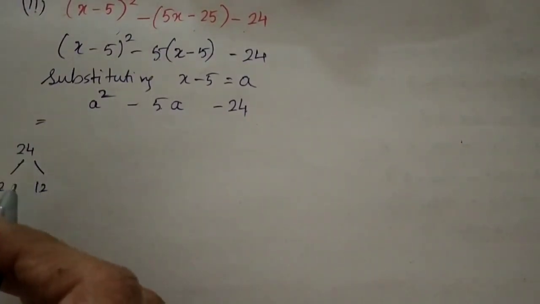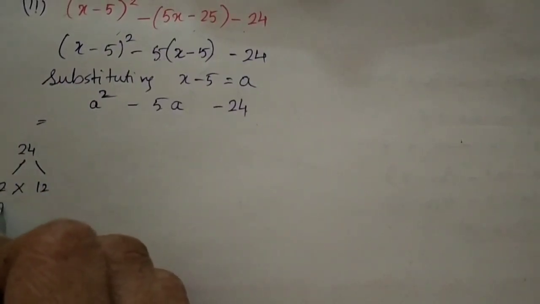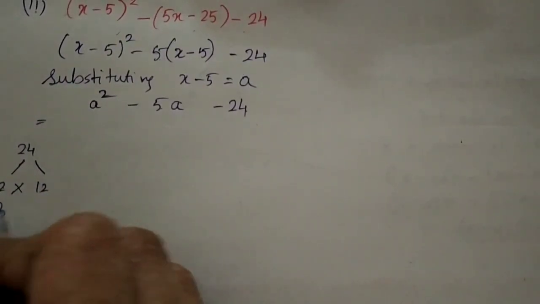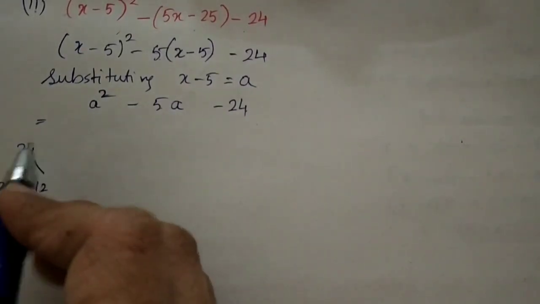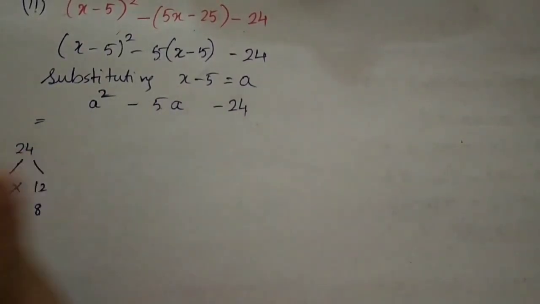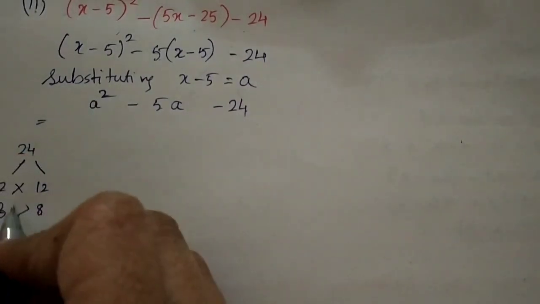So this is not the correct pair. Okay, then 3 8s are 24. Yes, now 3 into 8 will give me 24, and 3 and 8, can it give me 5 children? Yes, it can give me 5. So this is the correct pair, 3 8s are.